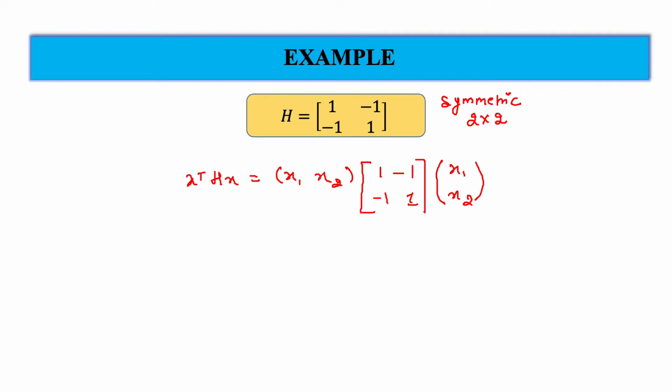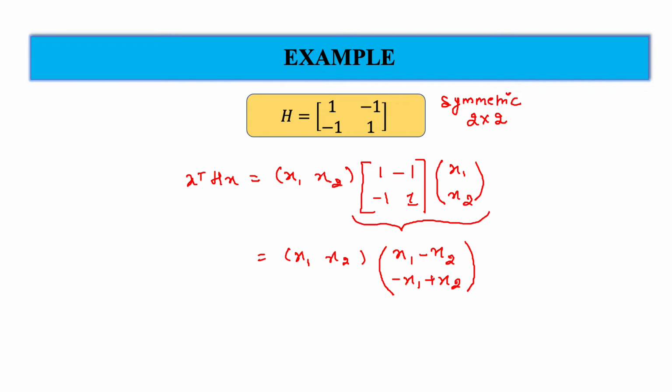When we multiply these three, let's first multiply the first two. What will you get? x1 x2 times the matrix: 1 into x1 is x1, minus 1 into x2 is minus x2, similarly minus x1 plus x2.